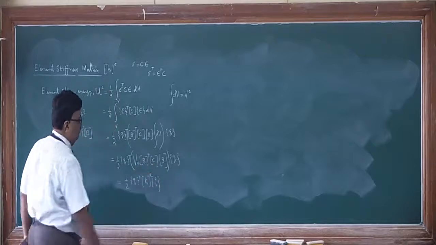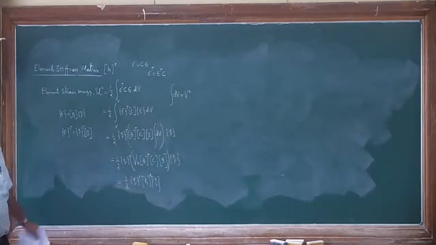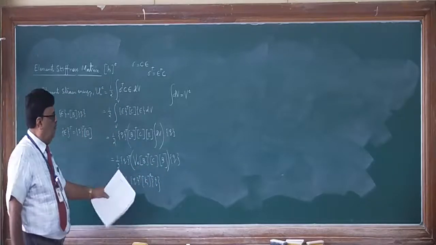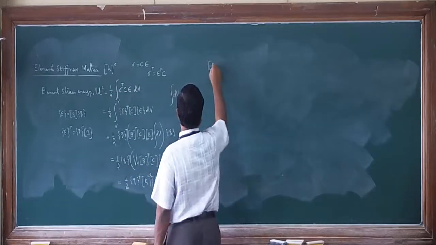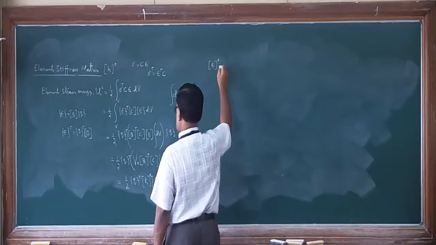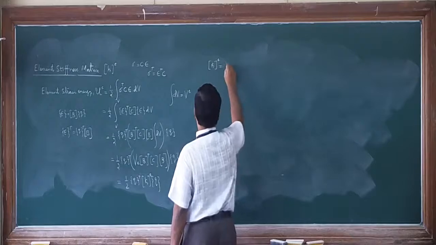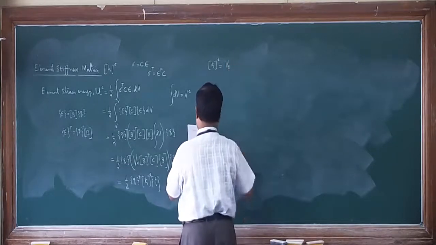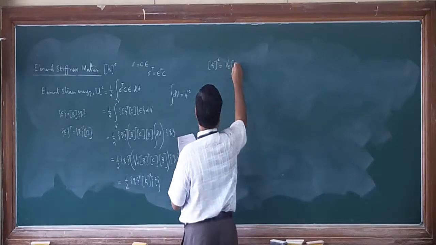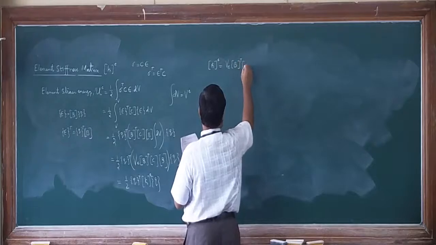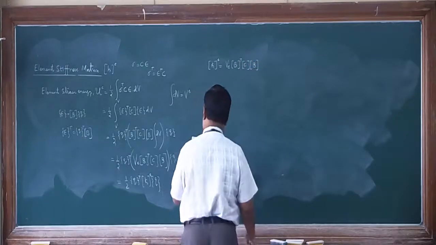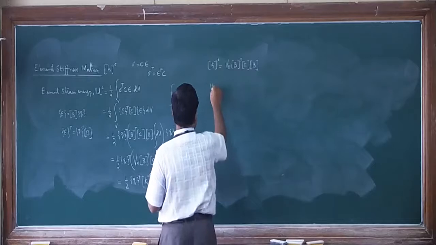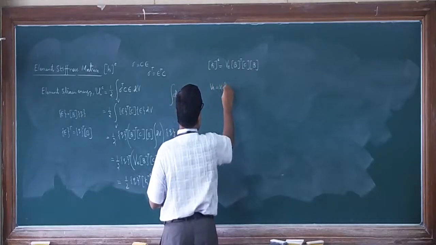The famous equation for the element stiffness matrix from the strain energy is always half Q transpose KQ. So the element stiffness matrix is VE B transpose C B, where VE is the volume of the element.